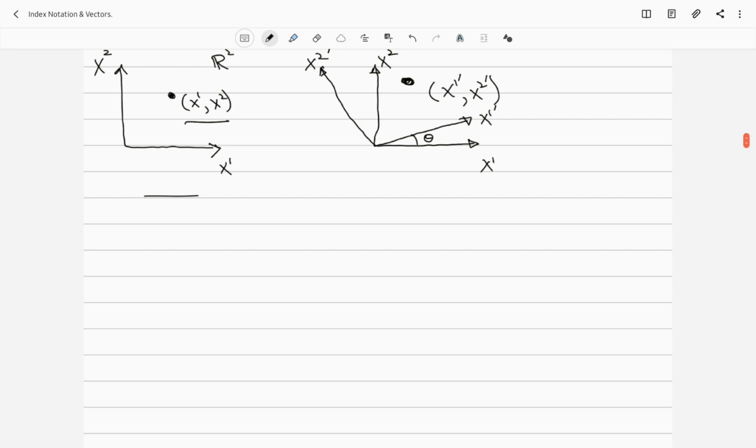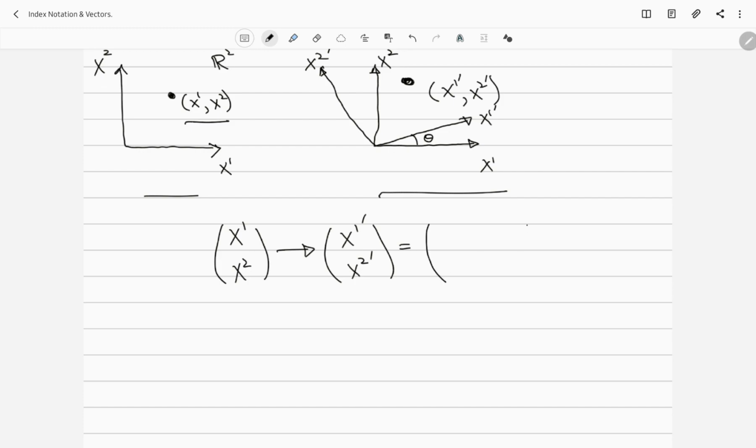We can write that down as x1 and x2 transforming to x1 prime and x2 prime, which is simply equal to, because we have rotated our coordinate system, this two-dimensional 2 cross 2 rotation matrix, which is cosine theta, sine theta, minus sine theta, and cosine theta.